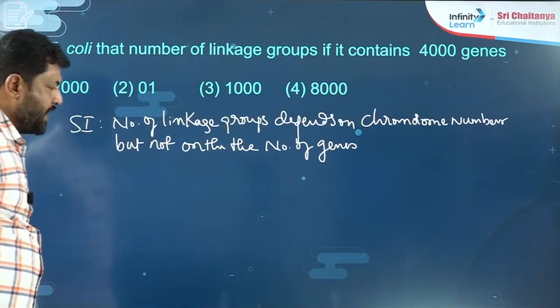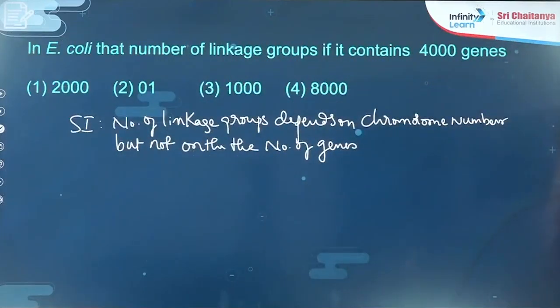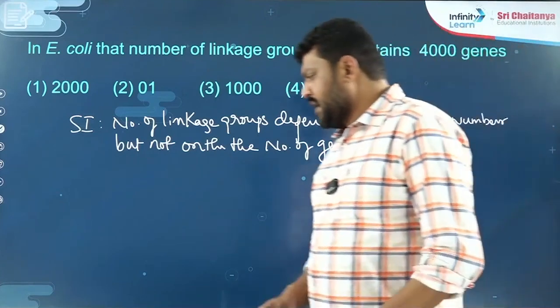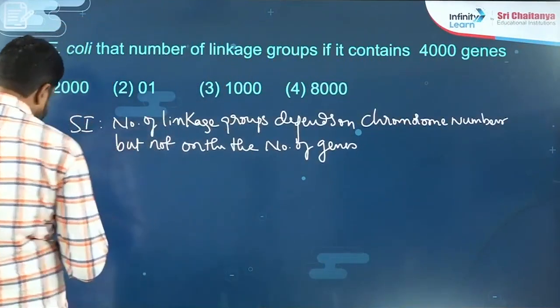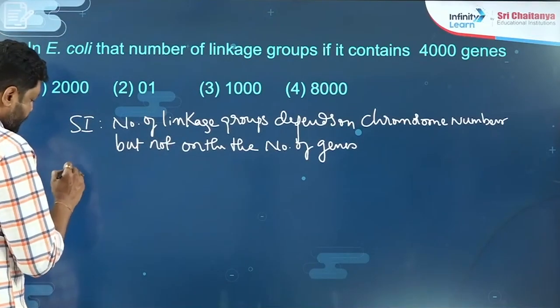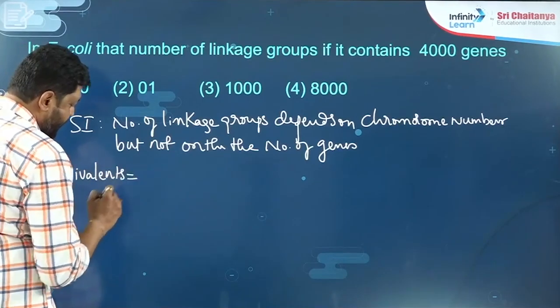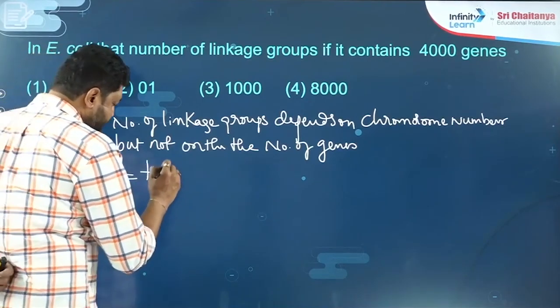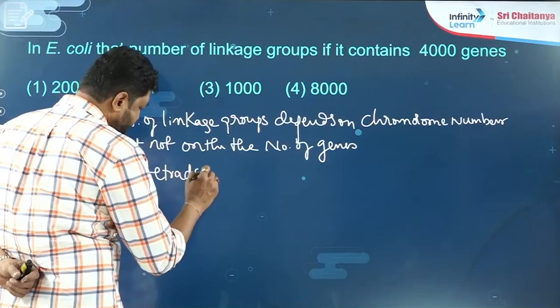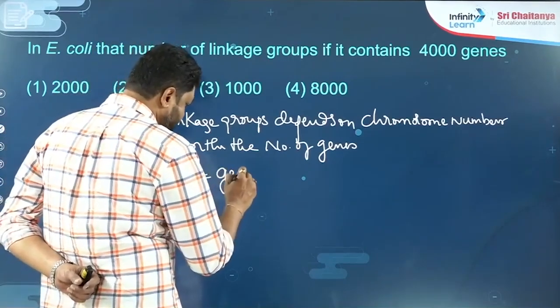The number of linkage groups depends on the number of chromosomes, but not on the number of genes. In the earlier classes, while discussing the cell division problems, I told you about bivalents, zygotene bivalents, pachytene tetrads, genomic chromosome number.